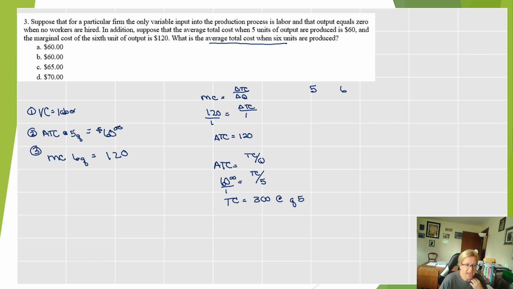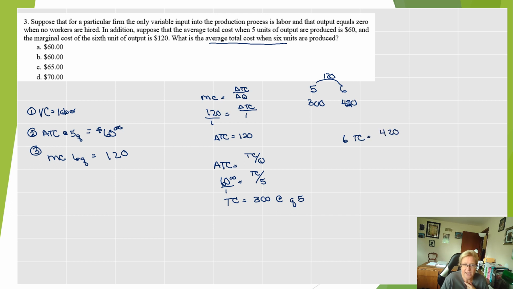Now we know that the change in total cost as we move from 5 to 6 is 120. So it changes by 120. If we know the total cost here is 300, then we know that the total cost is going to be 420. So at 6 units, our total cost equals 420.